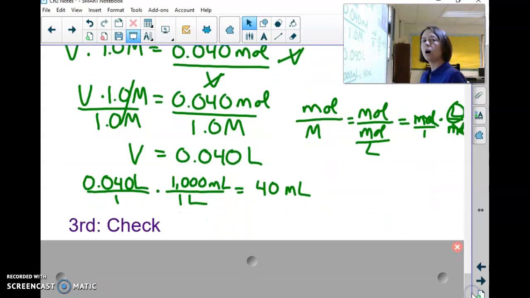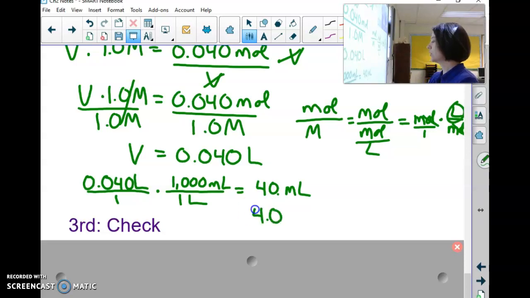And ours only has 1 significant digit, so we could do one of 2 things. We could put a decimal point after that, or we could put it in scientific notation, showing 2 significant digits, and 40 is 4.0 times 10 to the first milliliters.